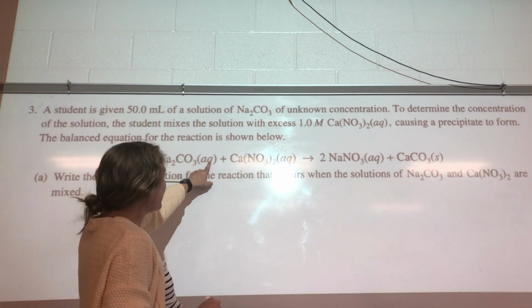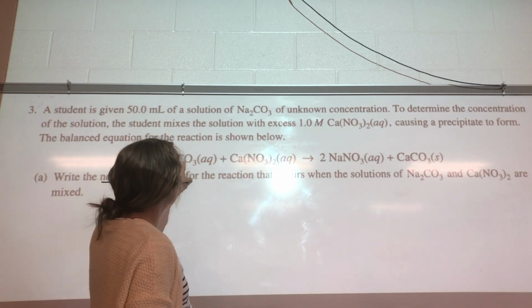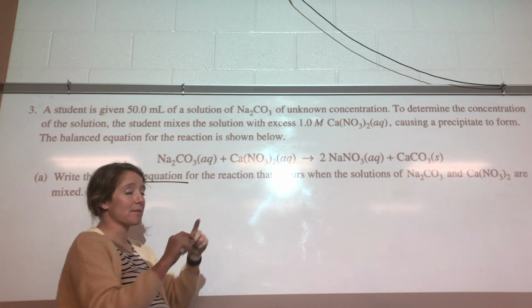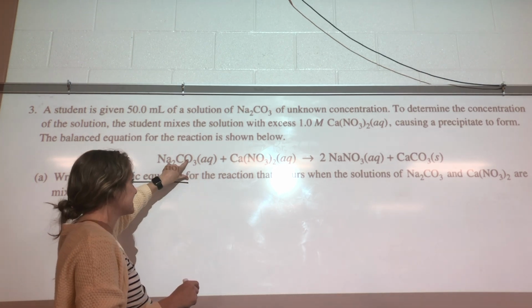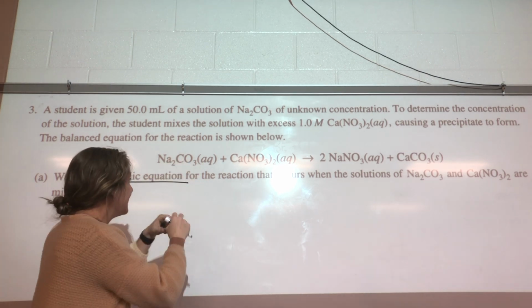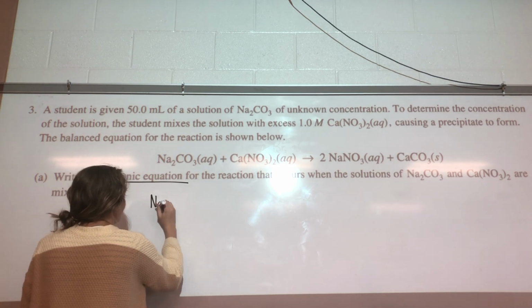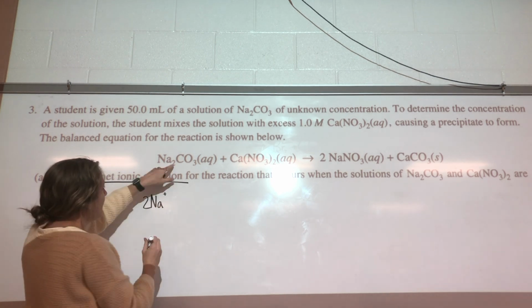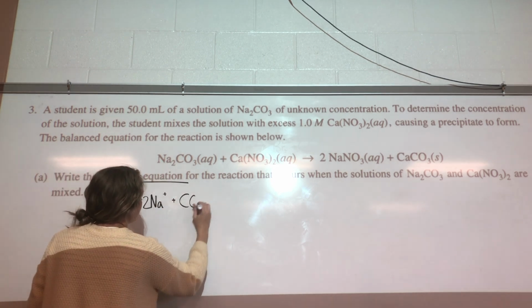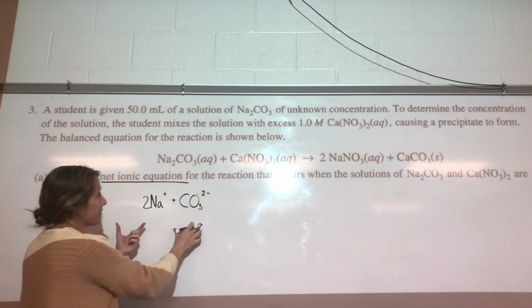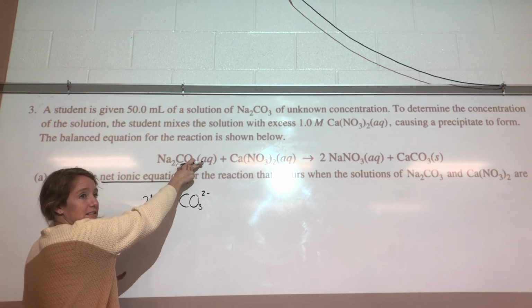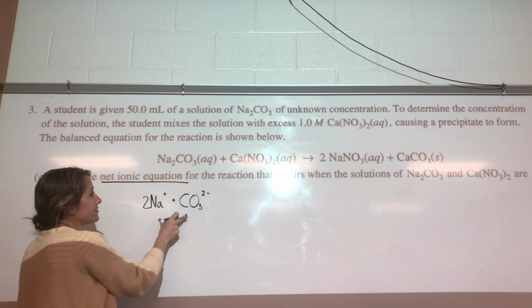When something is aqueous and it's an ionic substance, which these are, it actually exists like this, where you have Na, and you would have 2 of them, and you would have carbonate separate from them. So this isn't how it is in the beaker, it's actually like this.